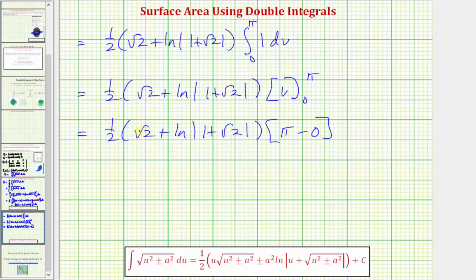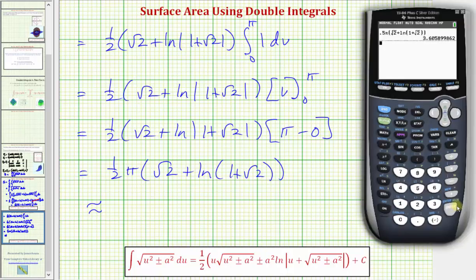So the exact value of the surface area is equal to 1/2 pi times the quantity square root 2 plus natural log of 1 plus square root 2. We actually don't need the absolute value here because that's positive. Let's also go to decimal approximation for this surface area. So the approximate value is 3.6059.